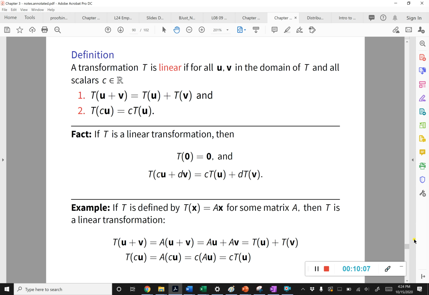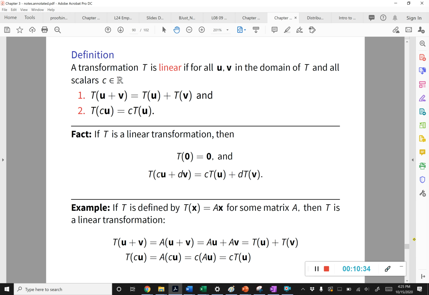The transformation is linear if for all u, v in the domain of T and all scalars c, these things are true. In class, we said the intuitive idea is it's linear because it takes lines to lines and the zero stays in the same spot. So lines to lines. But this is equivalent, and these are easier to do proofs with, so mathematicians like these.